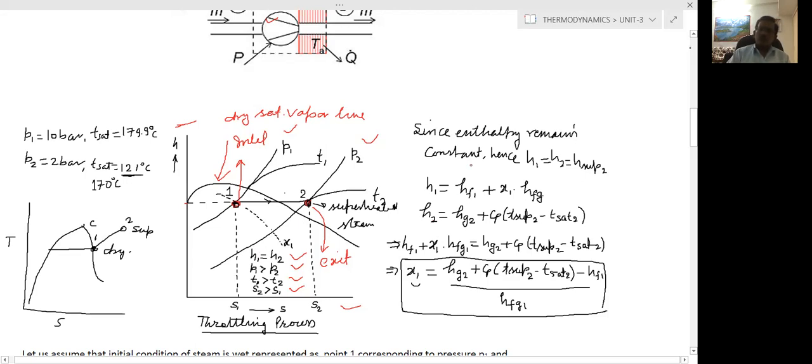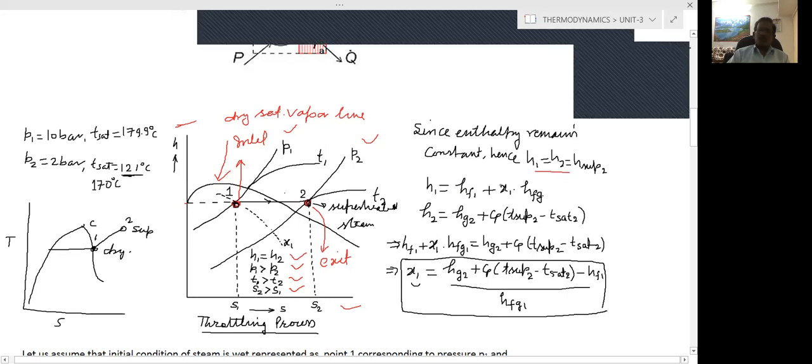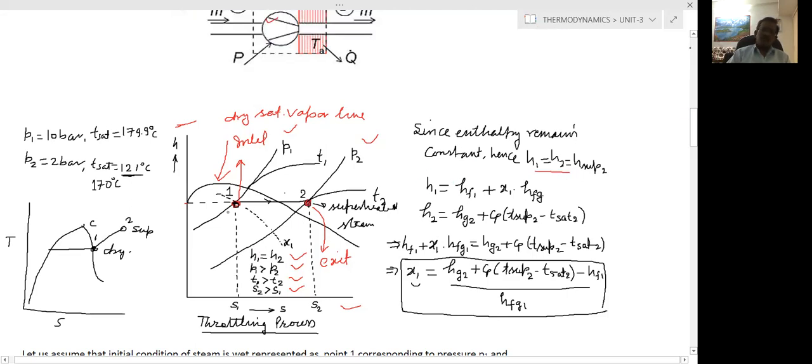So for constant enthalpy, H1 and H2 both will be the same. Point 1 is under the dry saturated vapor line, so it indicates the condition of wet steam.